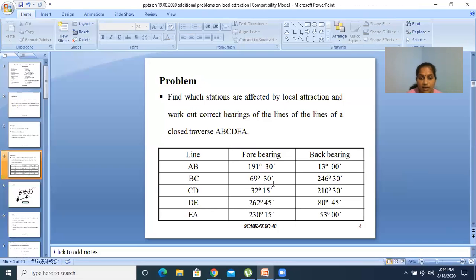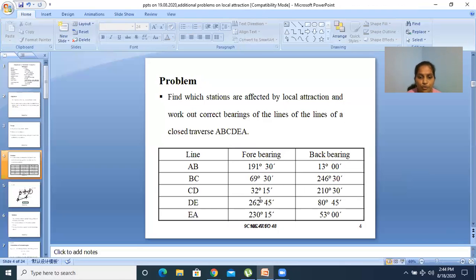For BC, forebearing is 69 degrees 30 minutes and back bearing is 246 degrees 30 minutes. For CD, forebearing is 32 degrees 15 minutes and back bearing is 210 degrees 30 minutes.